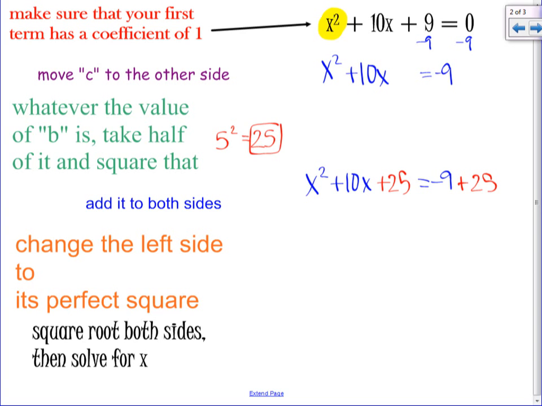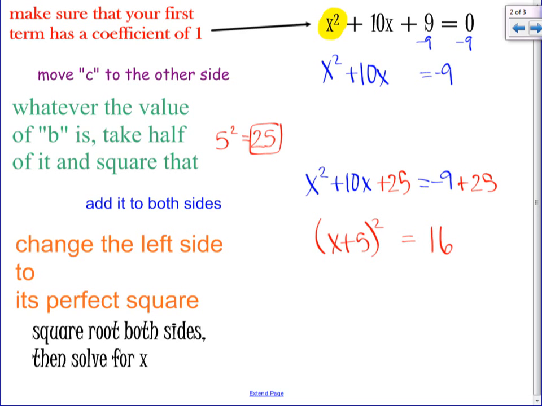We have 25 on top and 10 on the bottom. What are the two numbers? 5 and 5 work. So this right here now turns into x plus 5 squared, or x plus 5 times x plus 5. And what does this simplify to be over here? How much? 16.